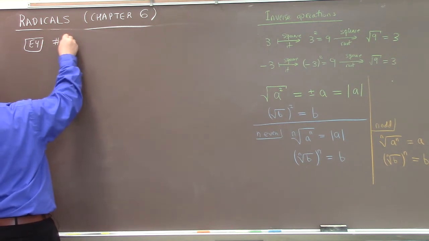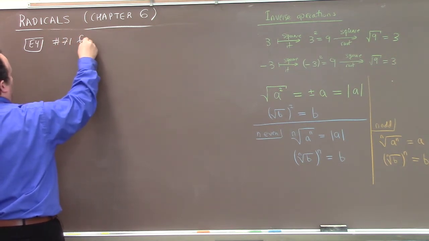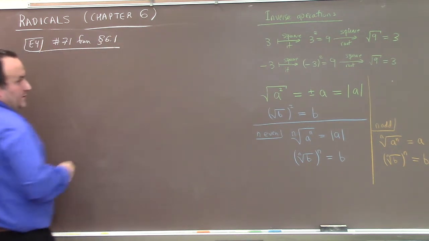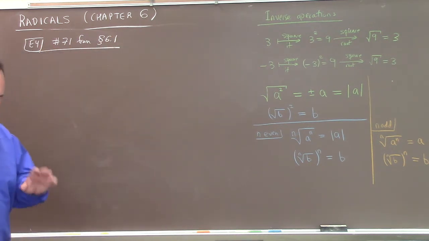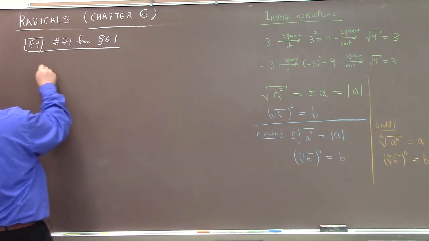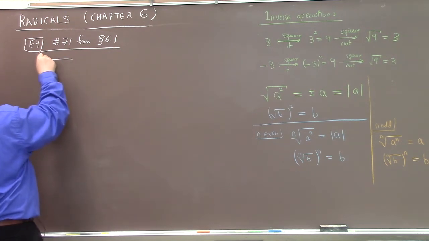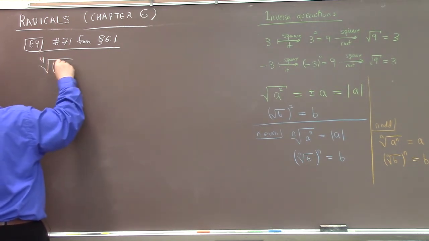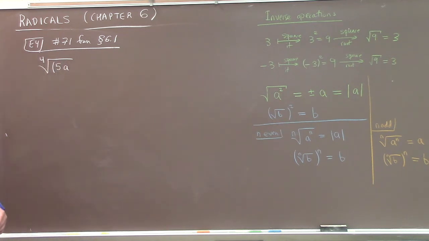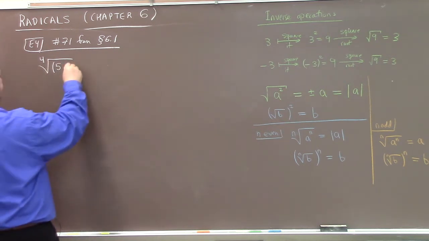This is like number 71 from section 6.1. We're told a is any real number. Simplify the following, okay? The fourth root of 5a to the fourth power.